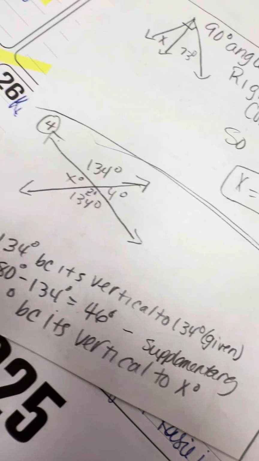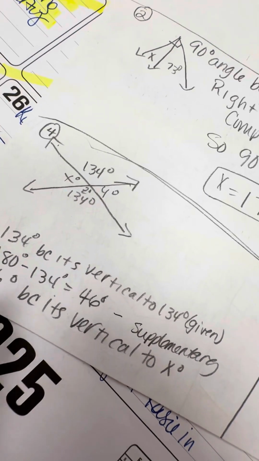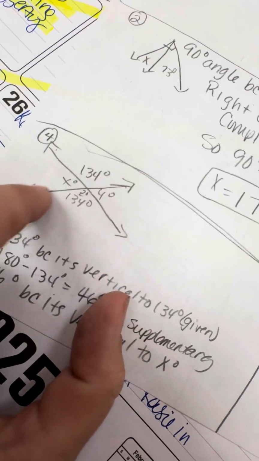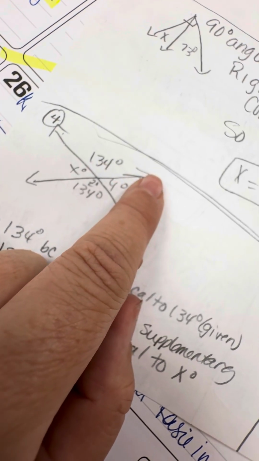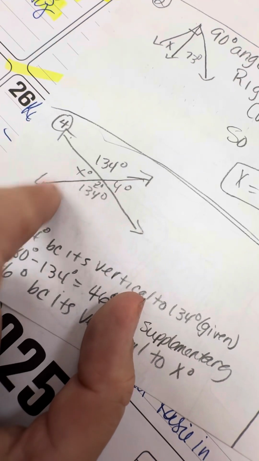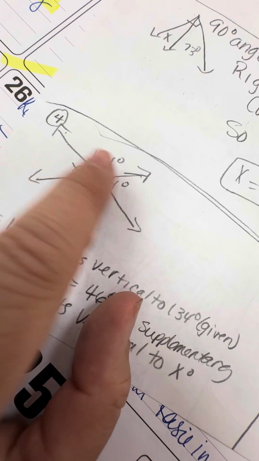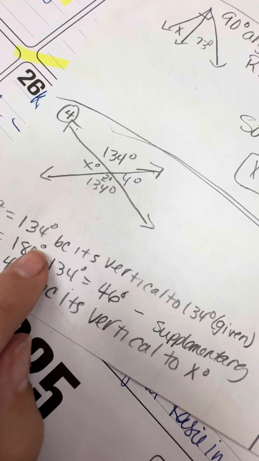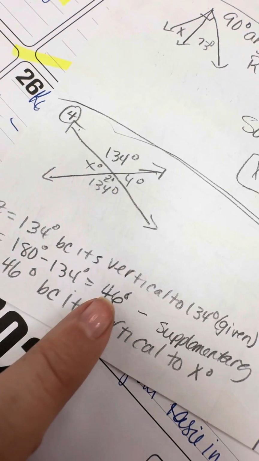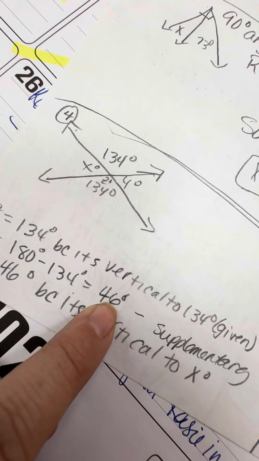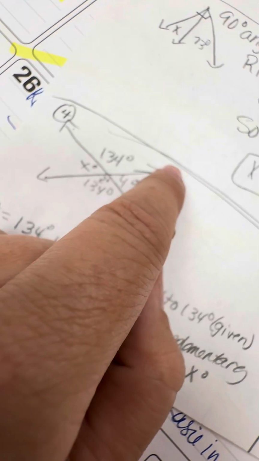Now, if I turn this sideways with this transversal line, I can see that this is a straight line, and a straight line is equal to 180 degrees. So 180 degrees minus the 134 I already know gives me 46 degrees, because that's a supplementary line.